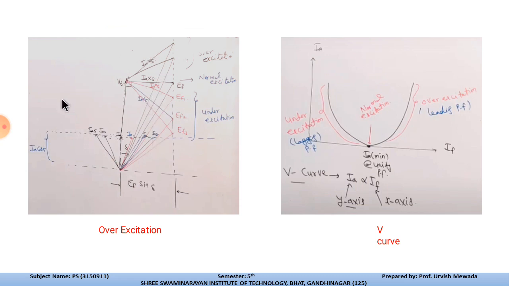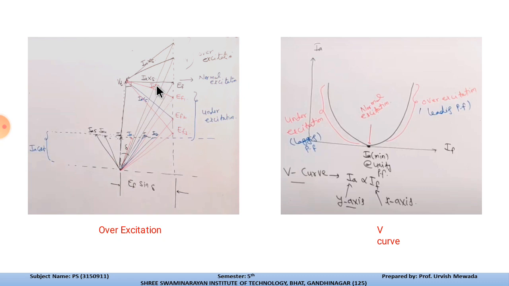So this is the third excitation, the over excitation. Below this line we have the under excitation mode with different values of the field current. Now this is the normal excitation mode.